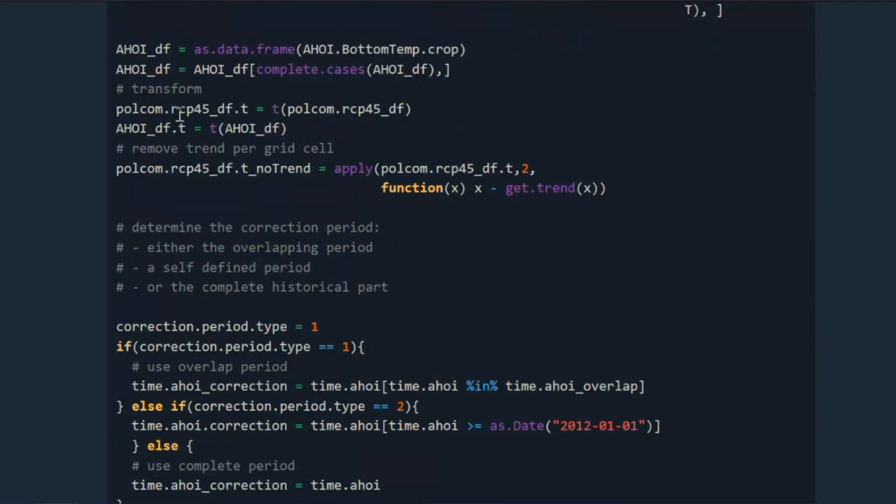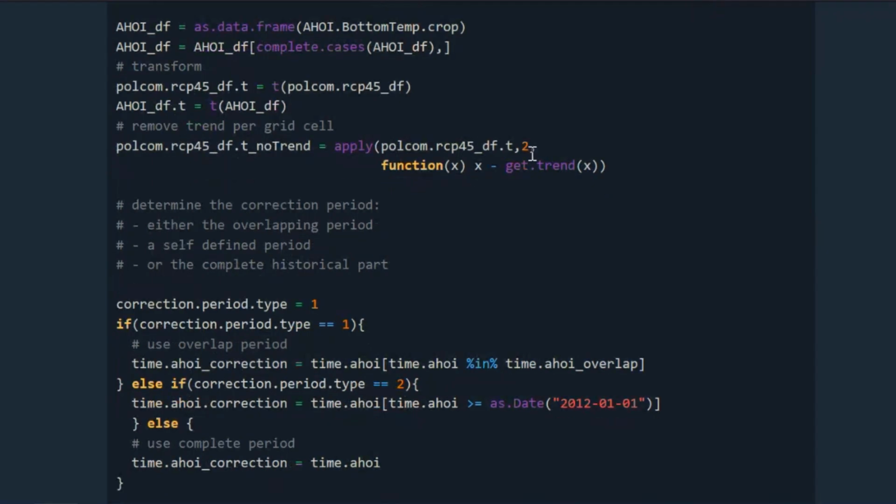Then I transform those matrices so that the spatial grid representation is then in the rows, and the temporal is in the columns. Oh no, the other way around, sorry. And then I detrended it, right? I detrended per spatial grid cell, so per column.